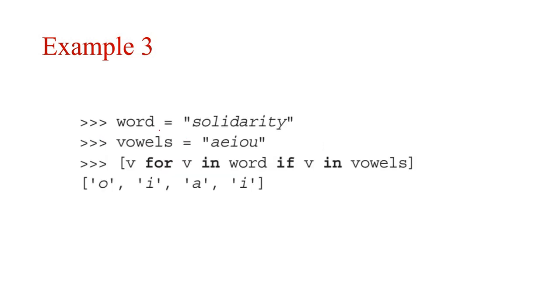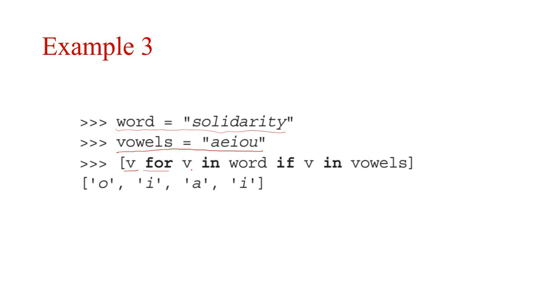Let's look at one more example. This is related to strings. We've looked at numbers, let's look at a string. You start with a word and vowels, which are A, E, I, O, U. Again, as we know, a string is an iterable object in Python, so you want to iterate over it.